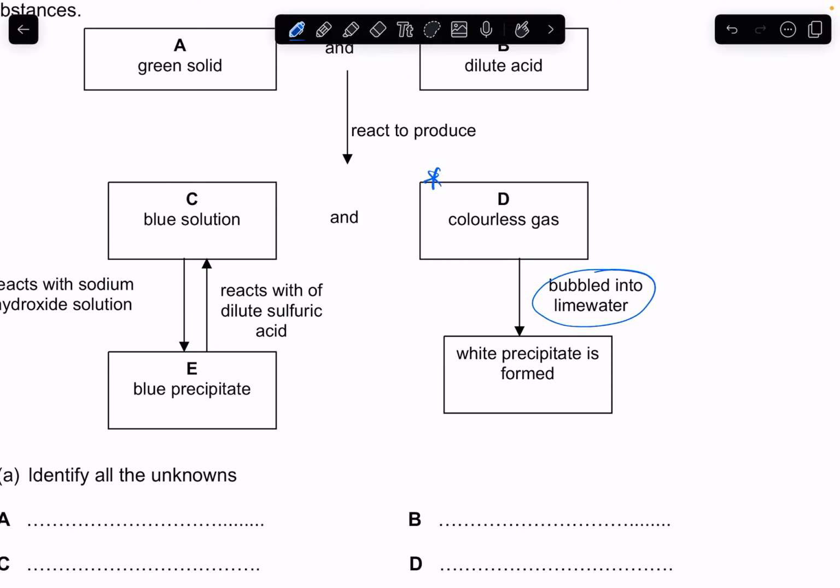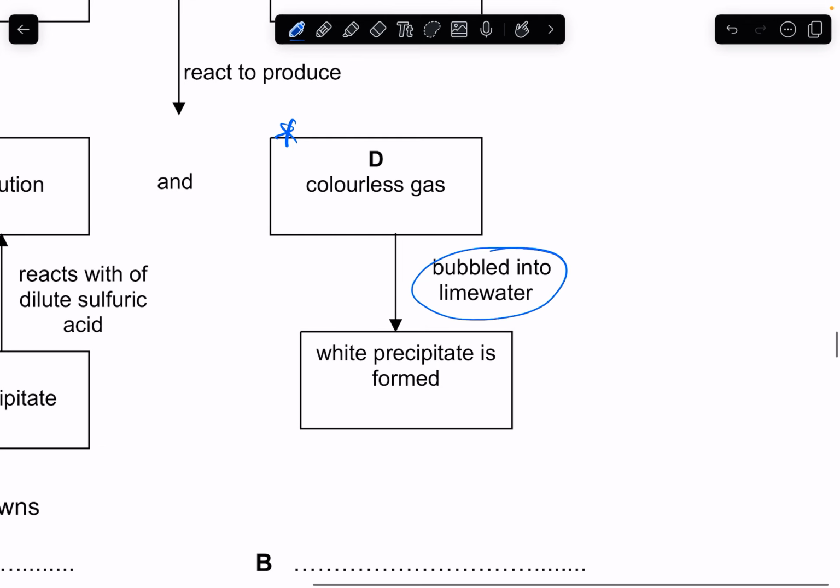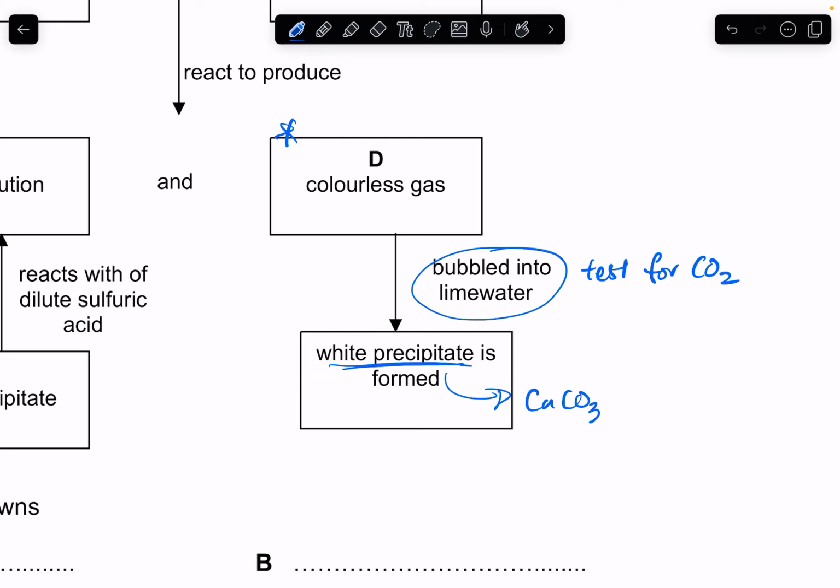You see that it's bubbled into lime water. Then you need to know this is the test for CO2. What precipitate is formed? What is the identity of this precipitate? Sometimes they ask, so you need to know this is calcium carbonate. So test for CO2, a chalky precipitate is formed.